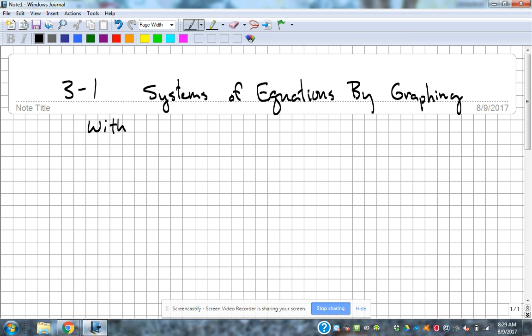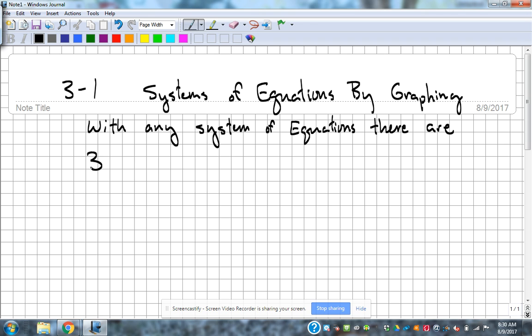But with any system, whether it's 2 variables, 3 variables, 25 variables, it doesn't matter, with any system of equations there are 3 possible outcomes. The most common outcome, and the one we like the best, is when there's one solution.